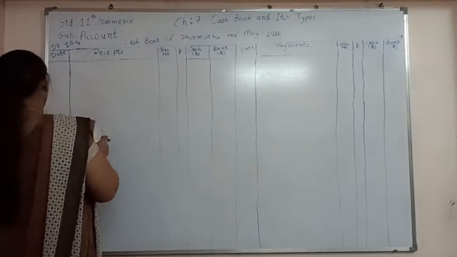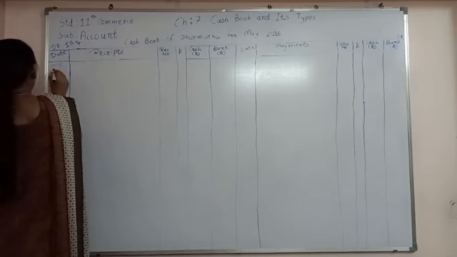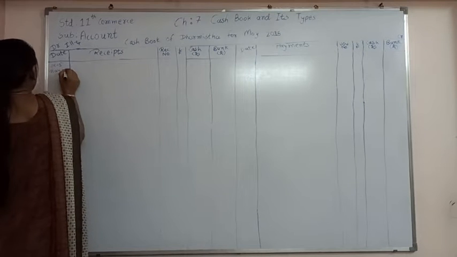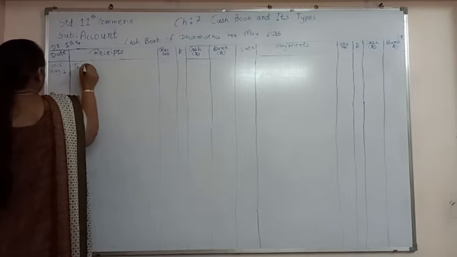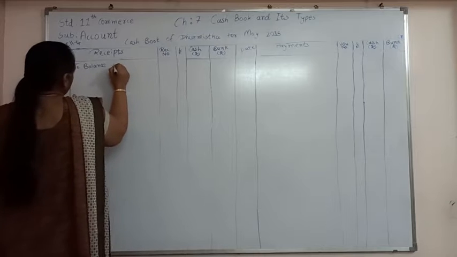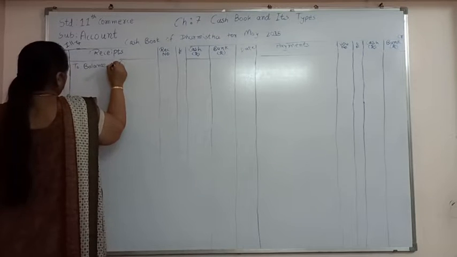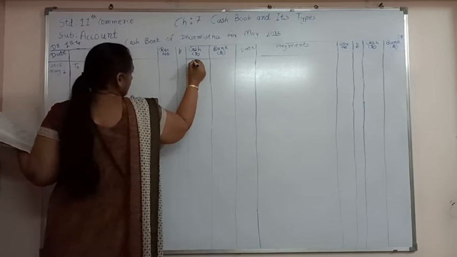So here, 2015 May 1st, to balance brought forward, and the balance of cash will be 7,000.